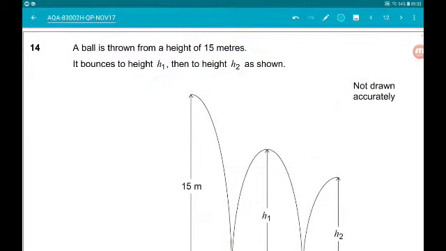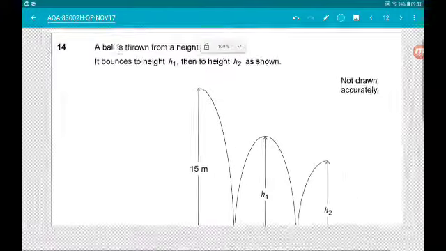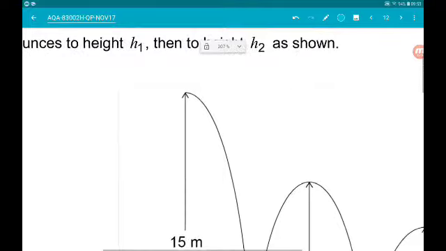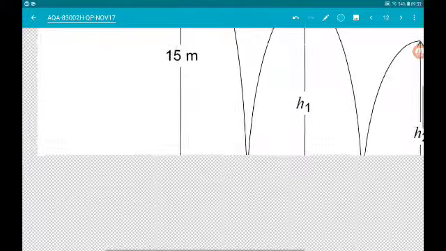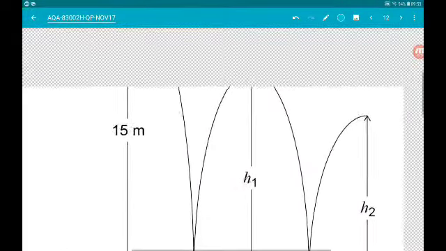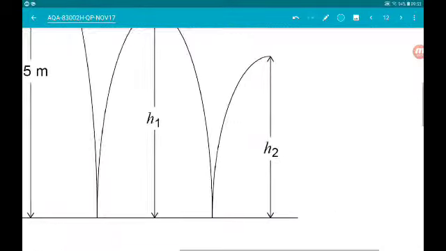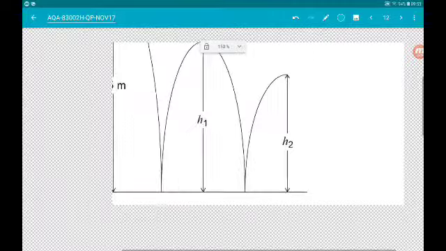Okay, question 14. A ball is thrown from a height of 15 meters. It bounces and reaches H1, and then it bounces again to H2 as shown. So we got our ball being thrown, hits the ground, bounces back up to H1, hits the ground, bounces back up to H2.